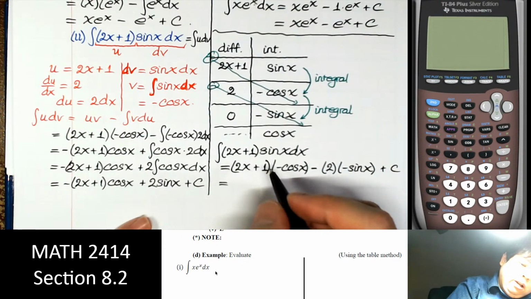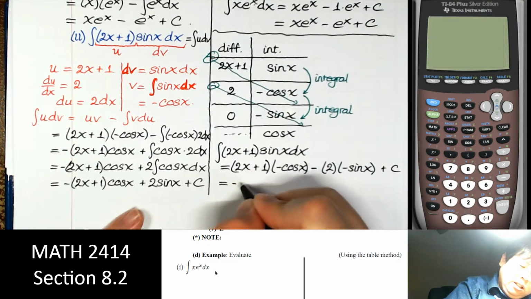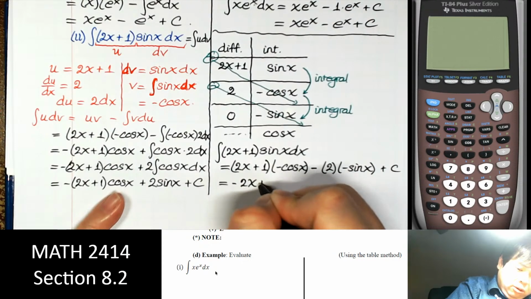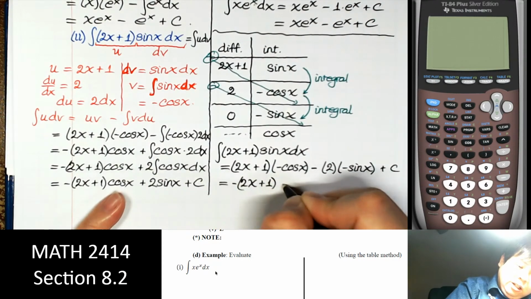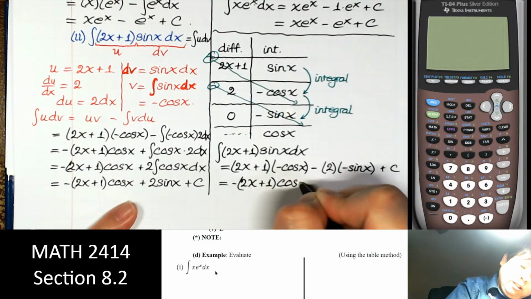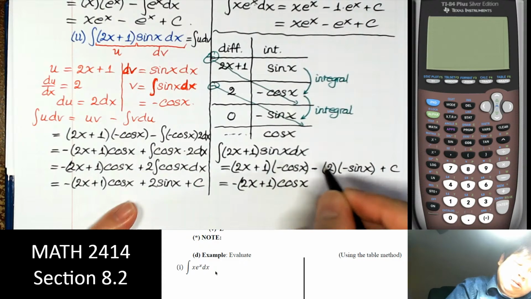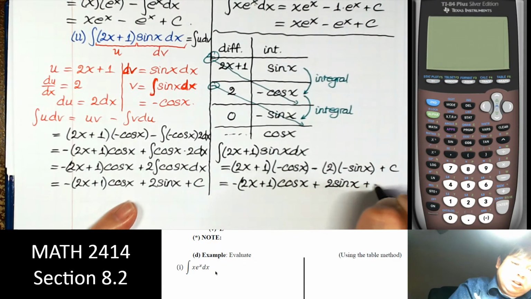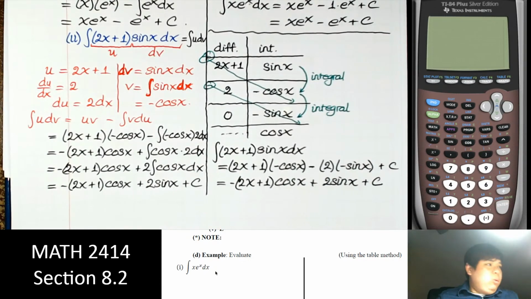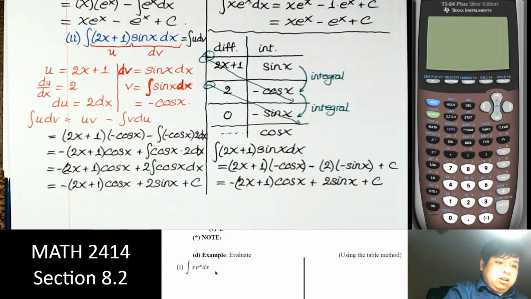And so just move the negative in front, negative 2x plus 1 and then cosine of x, and minus, so that's the plus 2 sine x plus c. So that is where we use the table method.